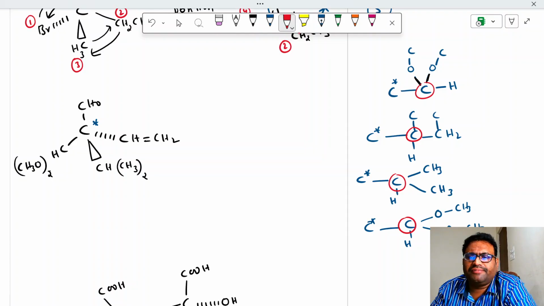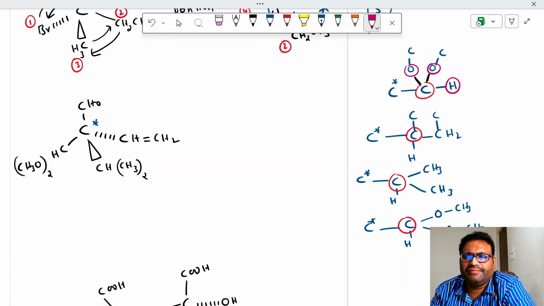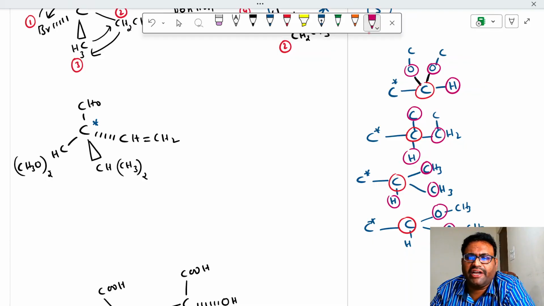All are carbons. Next atom, let us see the next atom. Oxygen, oxygen, hydrogen. Here next atom is carbon, hydrogen, carbon. Here next atom is carbon, carbon, hydrogen. Here next atom is oxygen, oxygen, hydrogen.